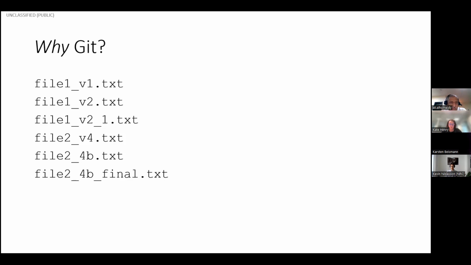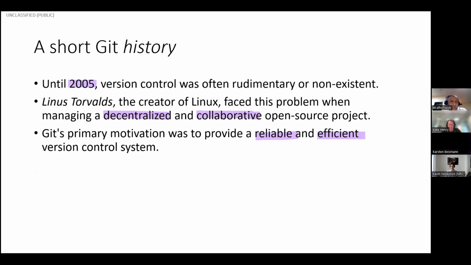You don't have proper backups potentially. And tracking changes is also very difficult, because you have those files in different versions, but you don't have a systematic way of tracking what changes between those versions. And Git is basically the most common answer to all of those problems.